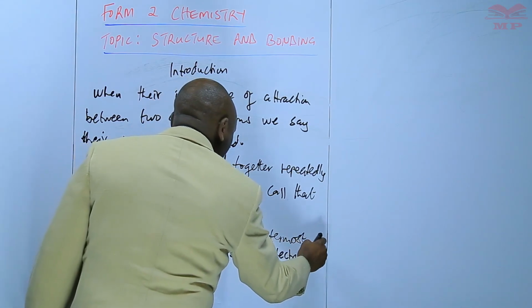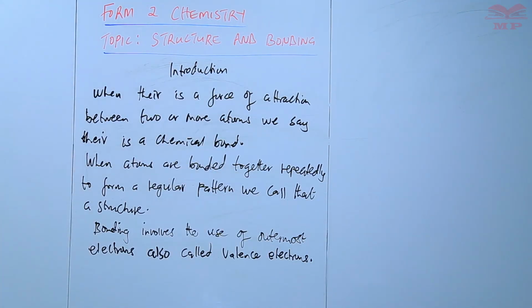So the outermost electrons are also called valence electrons, and they are the ones that are involved in bonding.